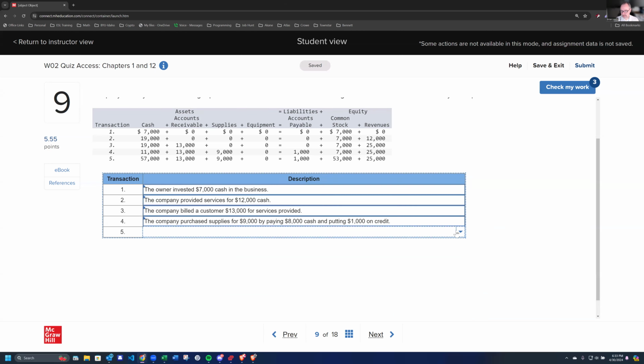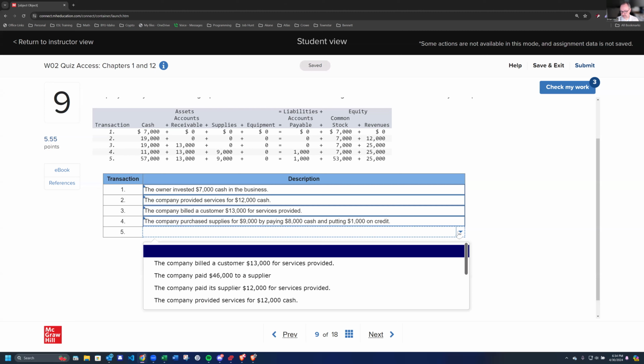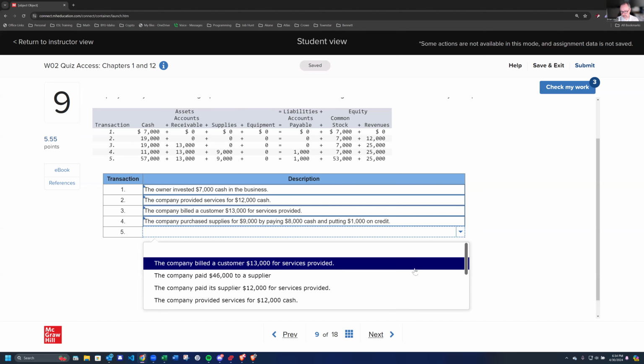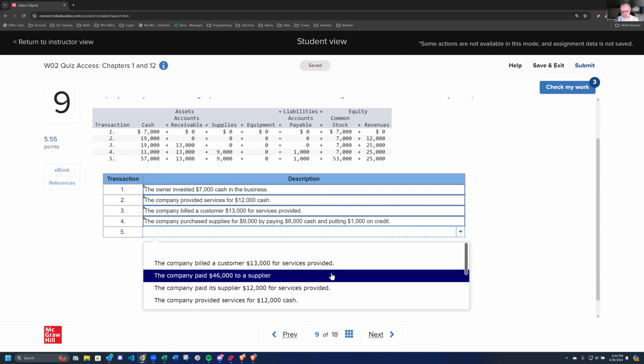Okay, and lastly, this one. Okay, a bunch of cash came in, right? No change in supplies or AR. So we've got $46,000 here. And it looks like it came from common stock. So this one, we're going to look for a $46,000 transaction from a shareholder. And this is not it, because this is a supplier, not a shareholder.